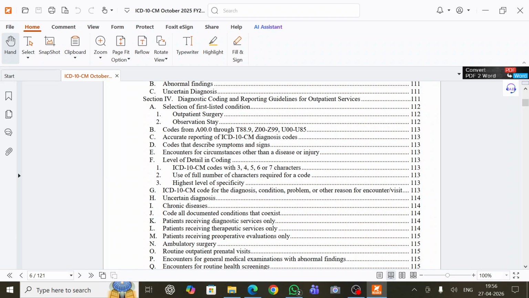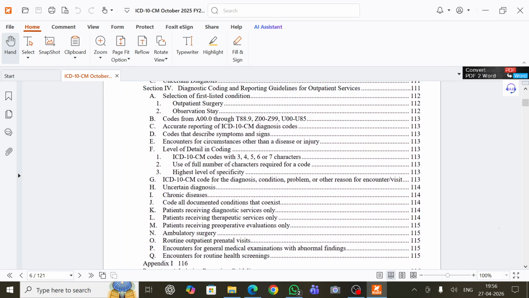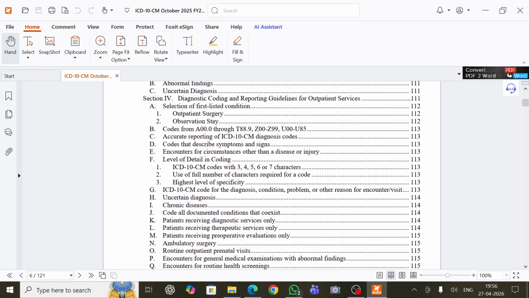Section 4, and this is the last section, is diagnostic coding and reporting guidelines for outpatient services. In that section, as life science students, we know that without laboratory work we can't get findings to detect disease and disorders. So in outpatient, observation care or any stay, we will check the laboratory findings.